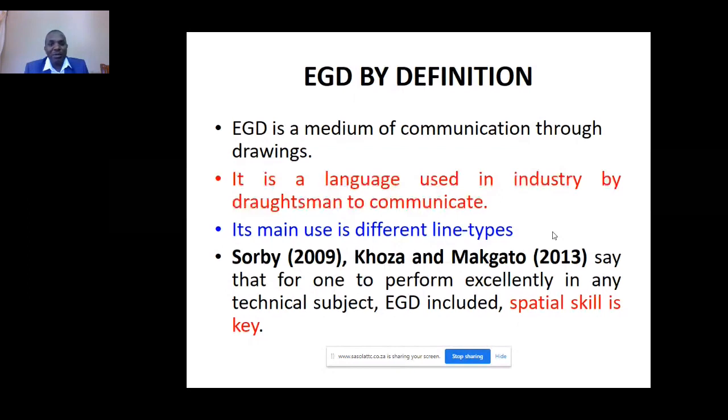We normally find a gap, because perhaps at universities, for one who wants to do a Bachelor of Education, we don't emphasize it as a prerequisite. And when you start teaching them graphical communication, it becomes an issue for them to understand it. I remember in the past, I was teaching technology and engineering, graphics, and design.